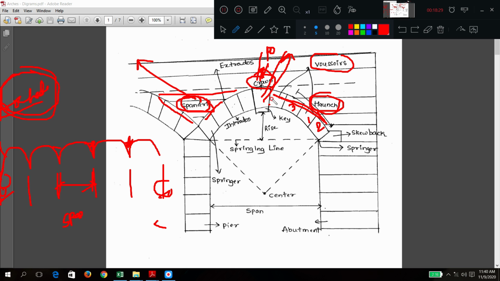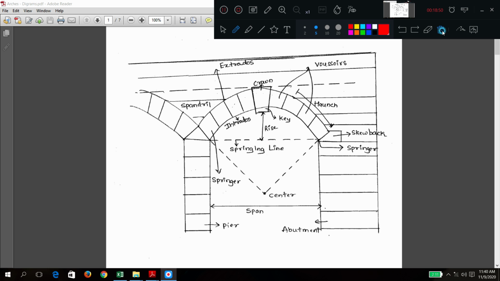What is the springing line? First springer, last springer; joining these two, you get a springing line. From here, the clear vertical distance to the bottom of the keystone is called the rise. I hope it is now clear.